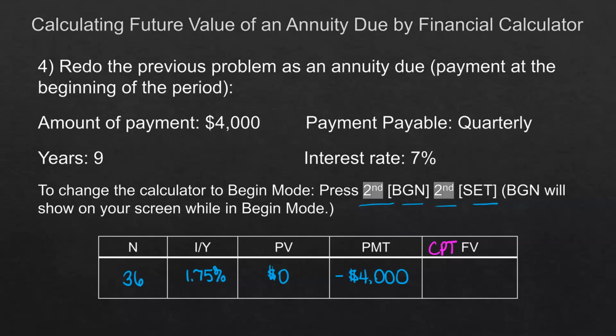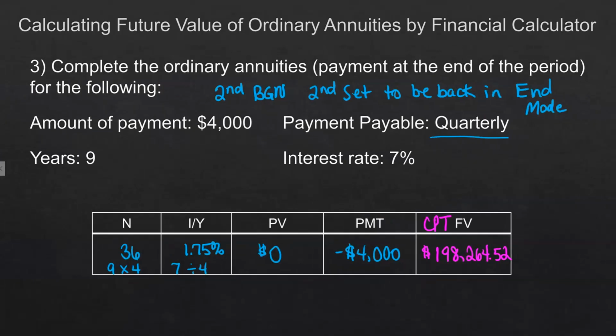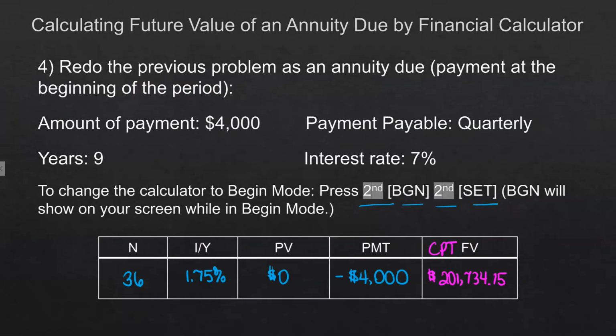And then this one's a 3-month period, begin versus end. Okay, so here's what we end up with. And once again, we are at about $3,000 more than we were for the end mode.